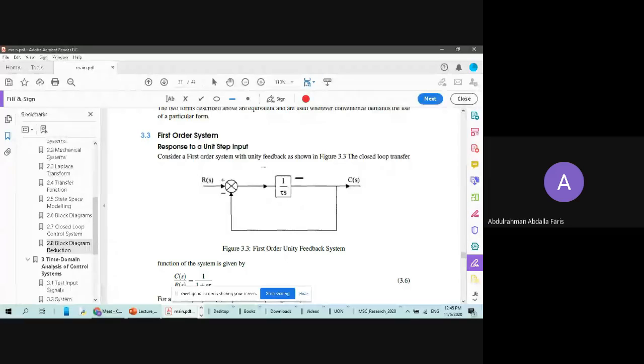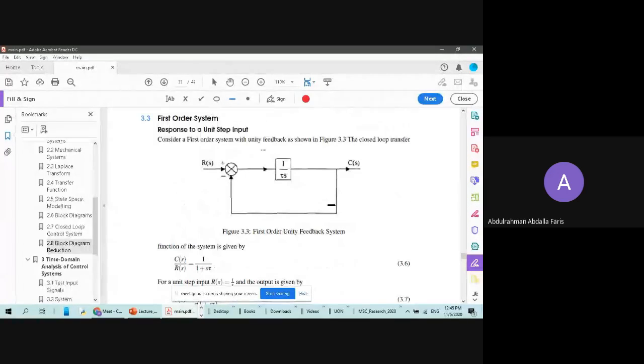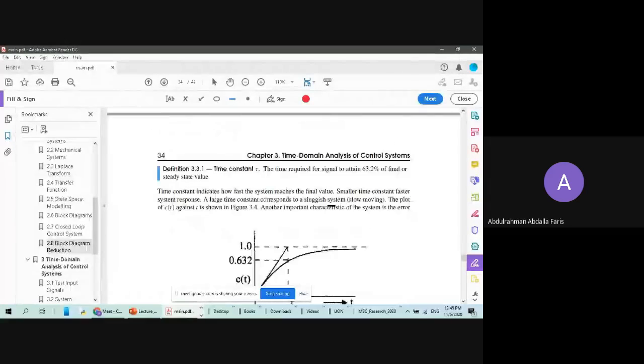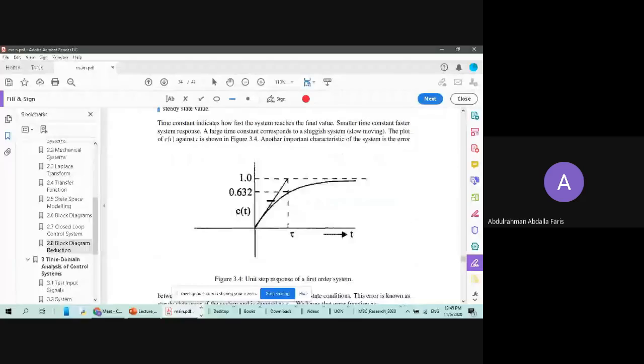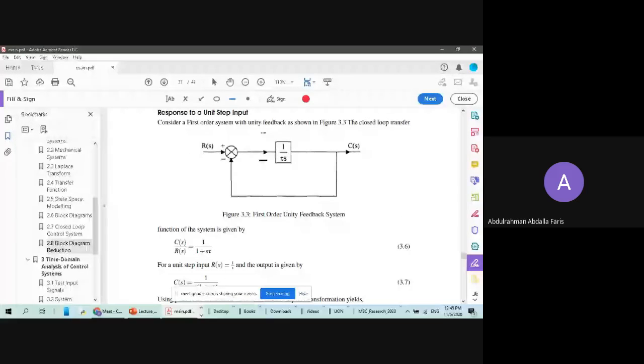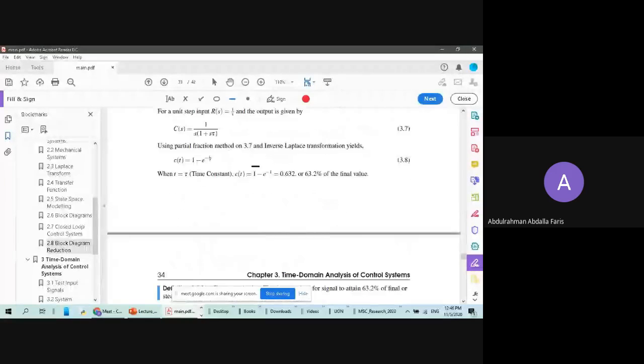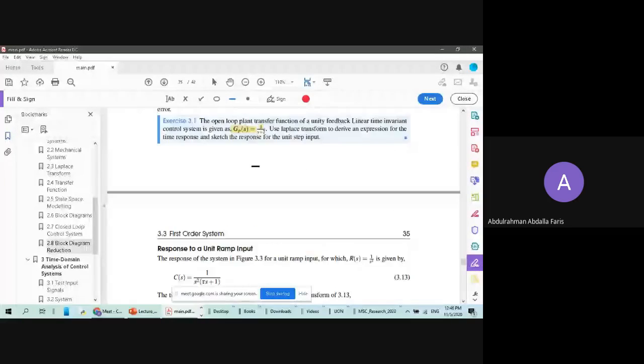This is the GP, and then it has a unity feedback. That's why we went on and did G over 1 plus G. You understand? Yes, madam. So this open loop is this G without feedback, and then he's saying it is a unity feedback system. You understand now?